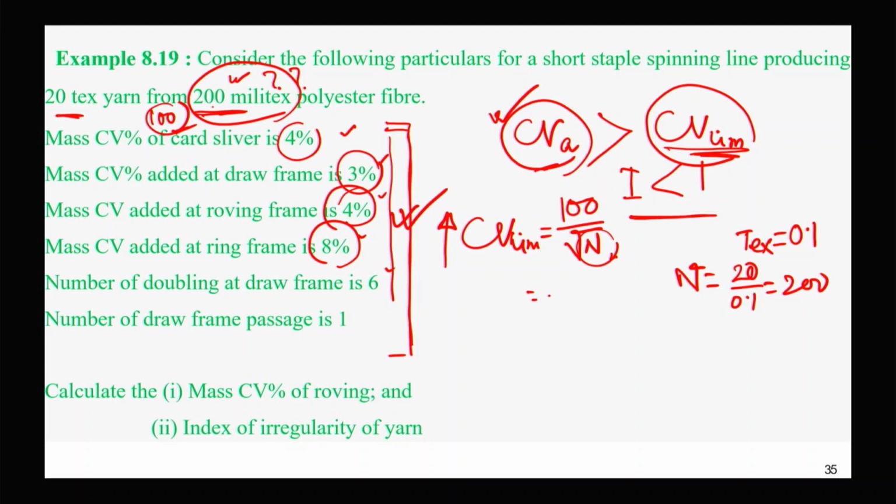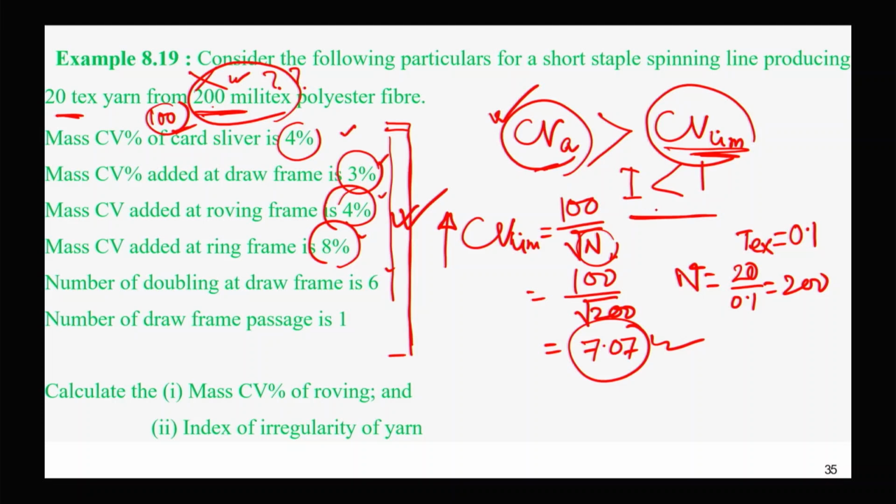So the CV limit will be 100 by under root 200, so the value will be 7.07.